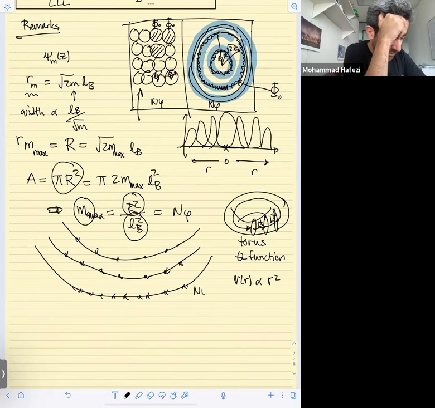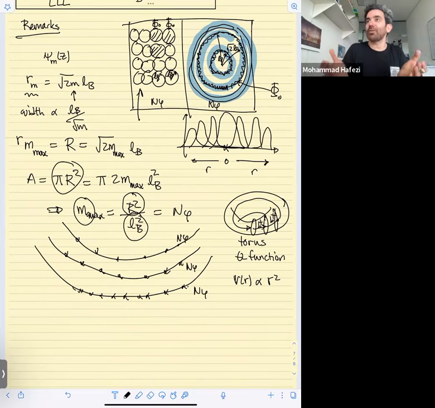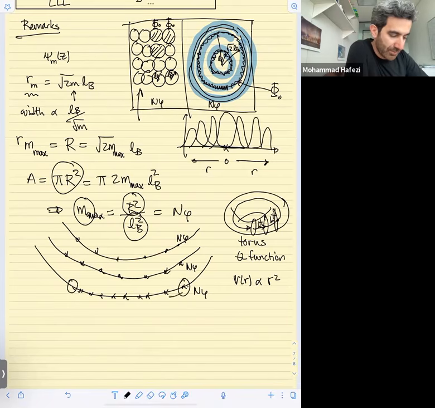Each band is no longer degenerate, but I still have N phi states. So the degeneracy is lifted, but each band has N phi states. And now you can call this an edge state because it has a different energy than this one, than this one.